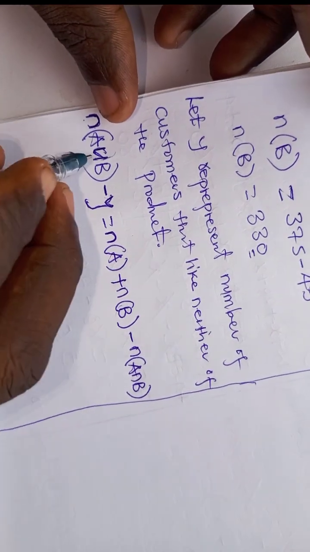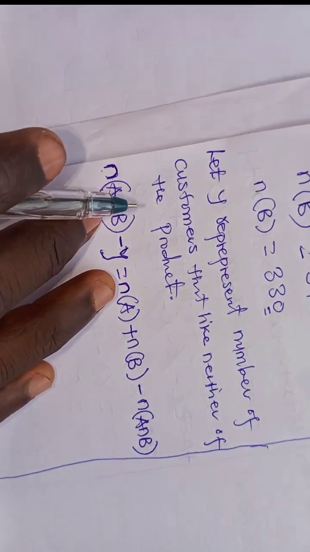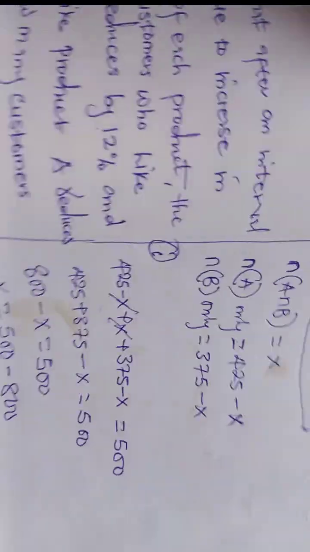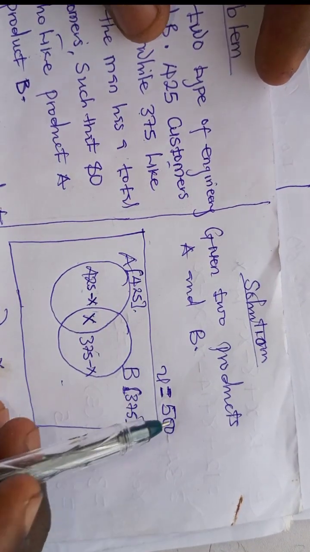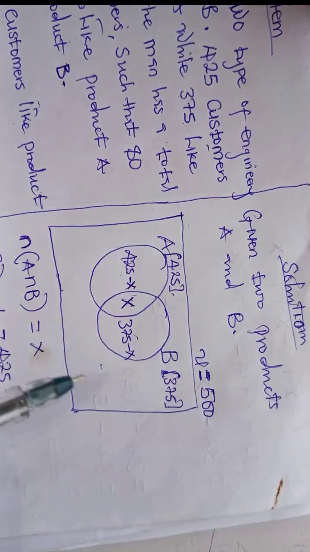Alright, so this is 500 from our Venn diagram. We have our universal set here to be 500.